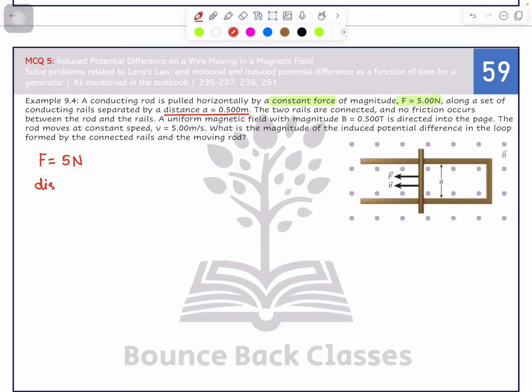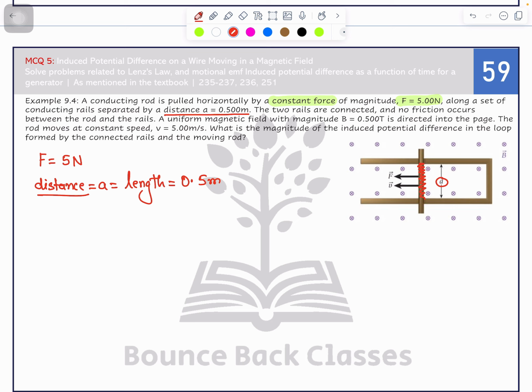Can I say distance A is the length also? Yes or no? 0.5 meter.